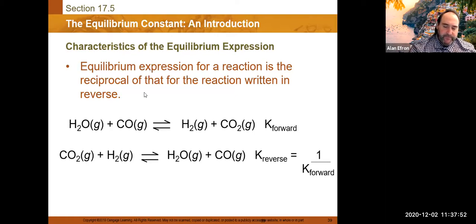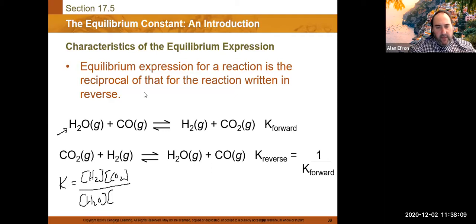For the first reaction here, K would be H2 times CO2 divided by H2O and CO. That is the forward direction. If we reverse the reaction, for the second one the equilibrium constant expression would be H2O times CO divided by CO2 and H2.